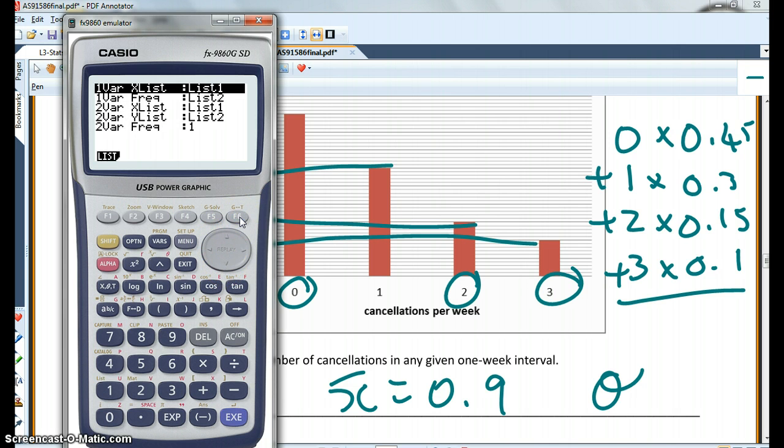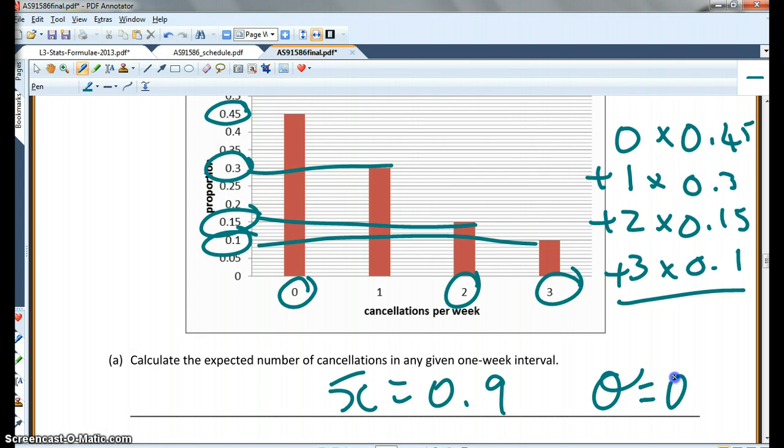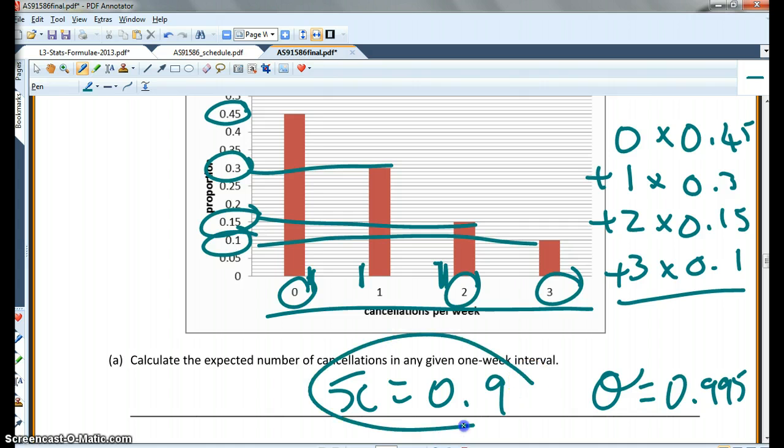Then when I set, okay, execute, and 1 var. That is so weird. Okay, so standard deviation equal to 0.995. If we just think about that, the cancellations, if we had 0.9 there, plus or minus basically 1, that would be 1 standard deviation. It does actually make sense. So we've got our mean of 0.9.